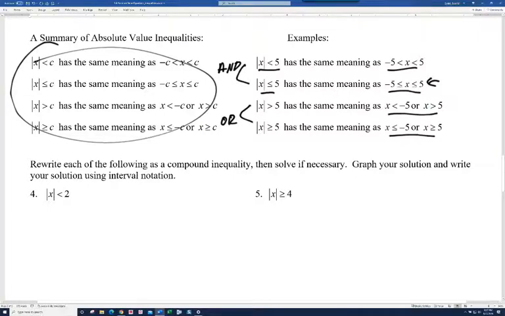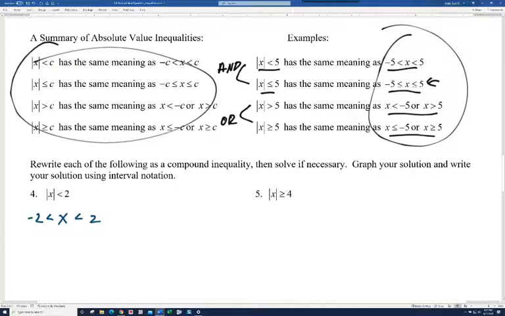All right, so I would encourage you to try 4 and 5 and see if you can rewrite it in this form to the right here. And then you're supposed to graph your solution and write it using interval notation. All right, so with number 4 here, basically this is the between case or the and case where x is between two numbers, basically the positive and the negative of 2, and your symbols should be less than symbols.